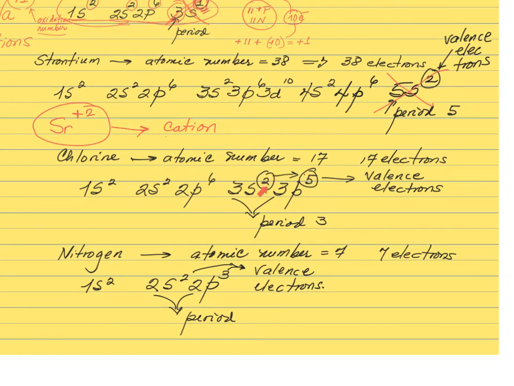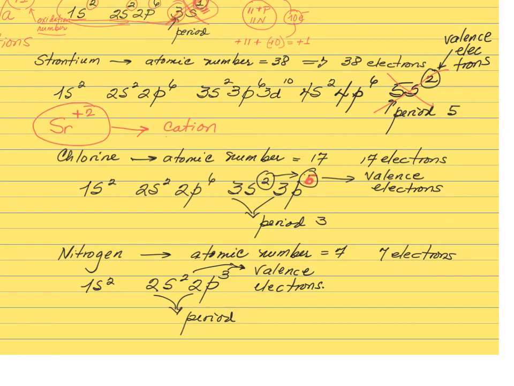So is it going to be easy for them to let go of 7, or to accept 1? Okay? Think about that. Let go of 7 or accept 1. Which one is going to require less energy? Of course, accepting 1. What's going to happen here is that the p orbital is going to be completed.